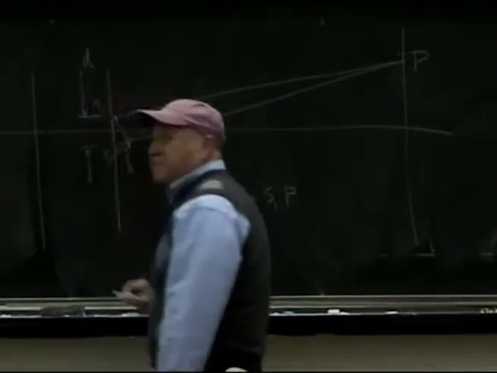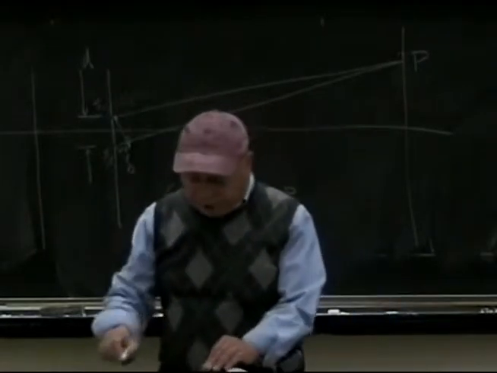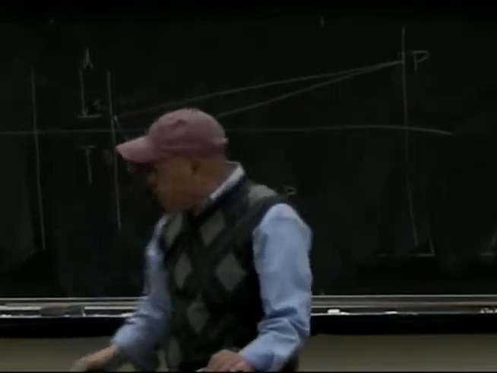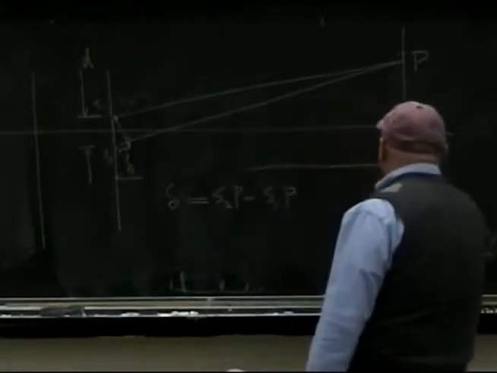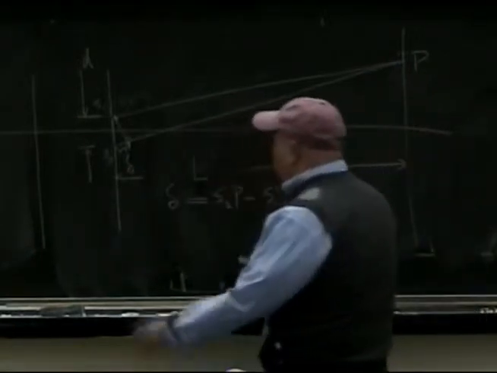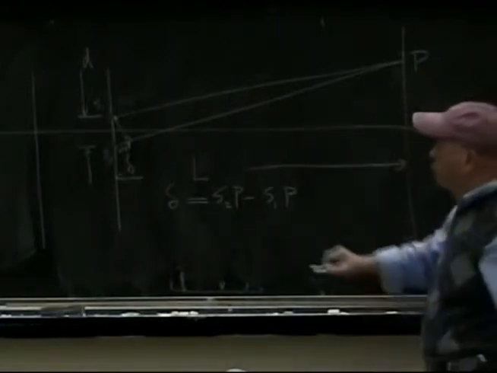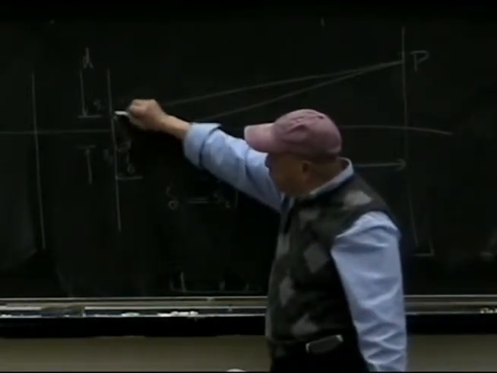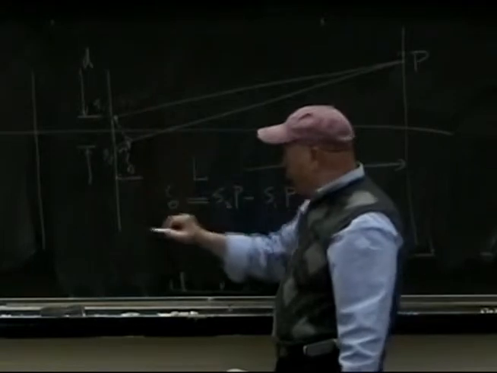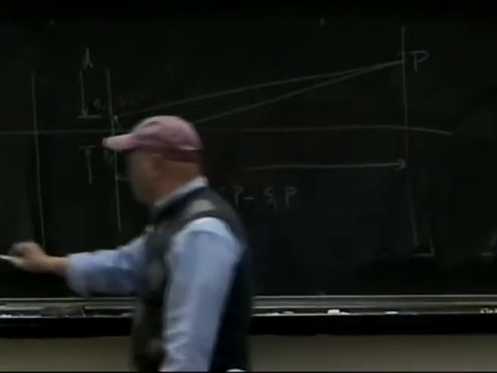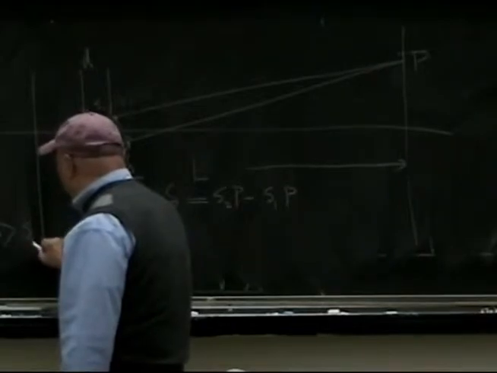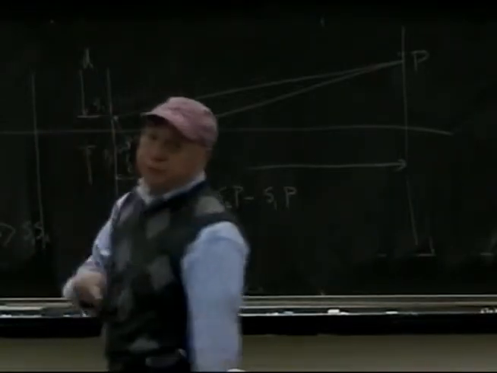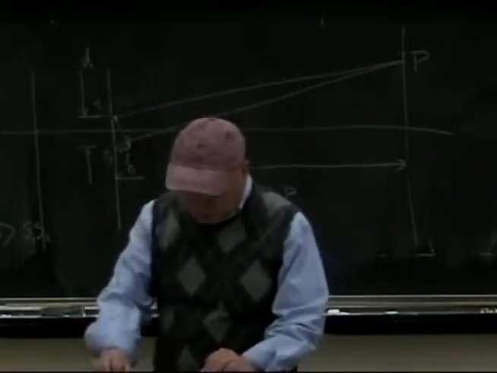So this distance, we consider as the slit separation d. And the distance from here to here, we say L. The distance L, as compared with the distance between S1 and S2, is very, very large. L is very, very large compared to the S1, S2 separation.